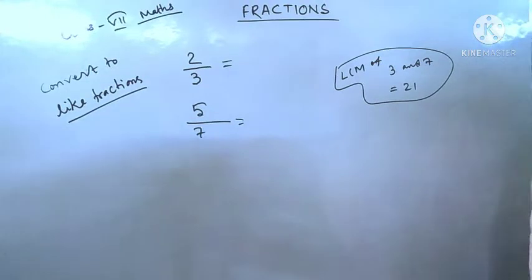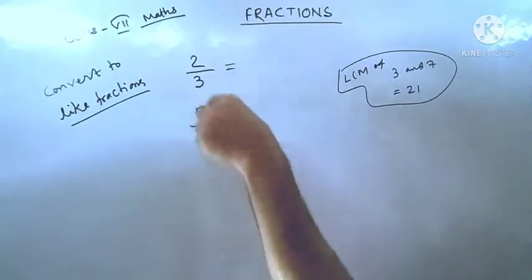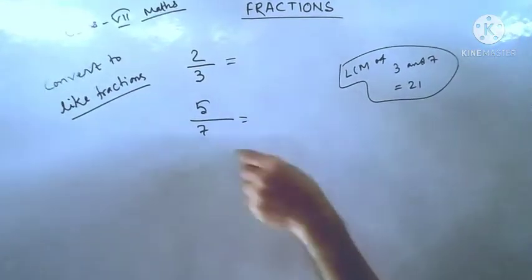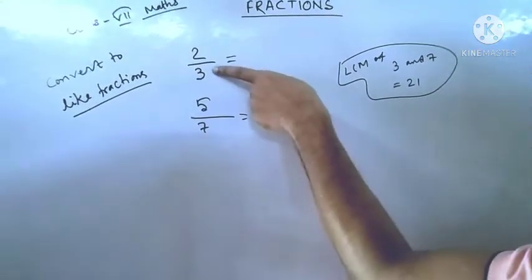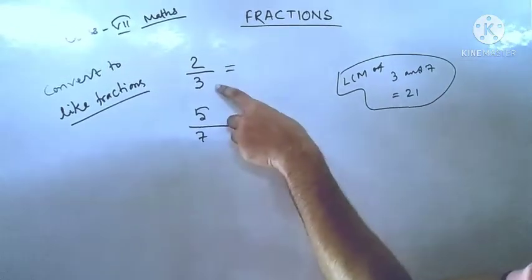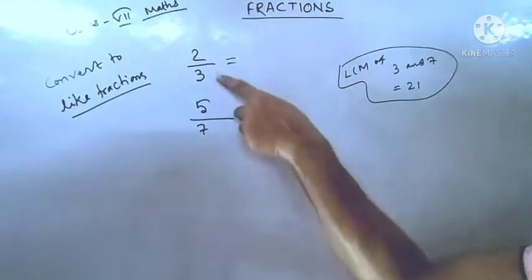So now we convert unlike fractions to like fractions. Okay, like fractions means the denominator will be same. Here 3 and 7 are the denominators, they are not same, so we have to write them as like fractions, that is, the denominators have to be same.